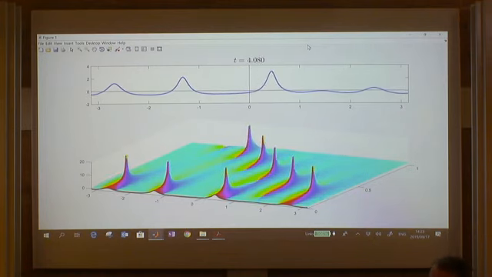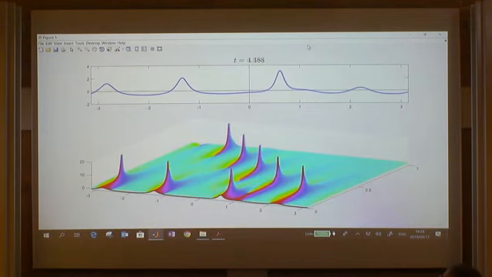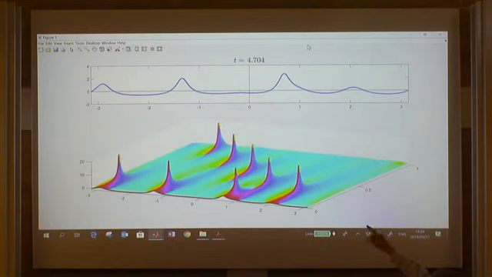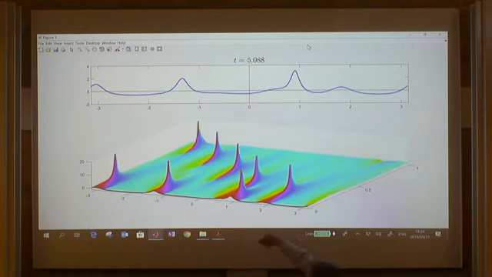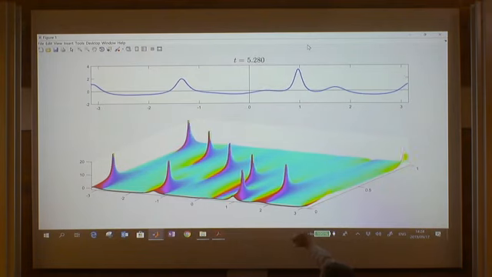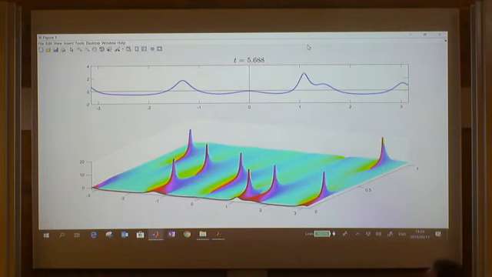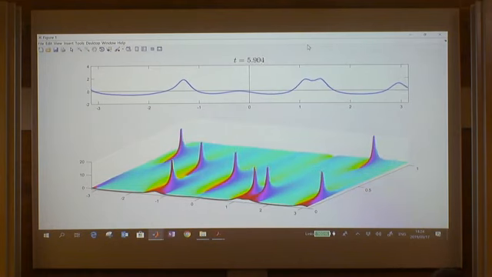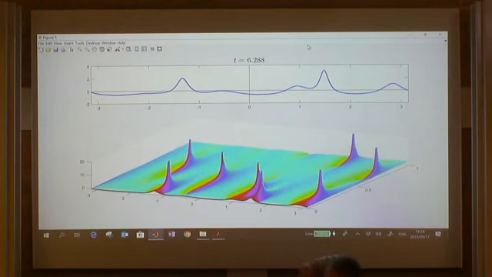Benjamin-Ono is also completely integrable by inverse scattering, etc. So each of those solitons corresponds to a nearby pole. Some of these are moving this way, some are moving there, and there's also some movement into the upper half plane. It's especially interesting when you have soliton interactions such as those.